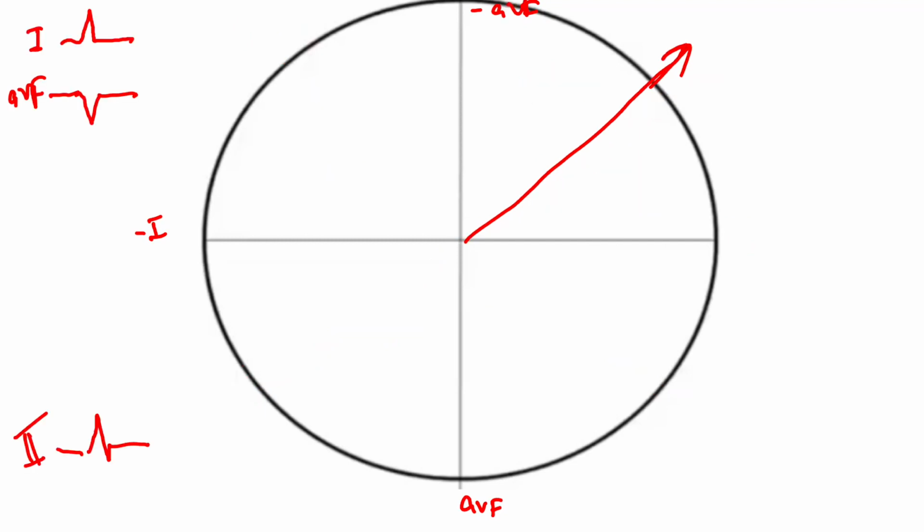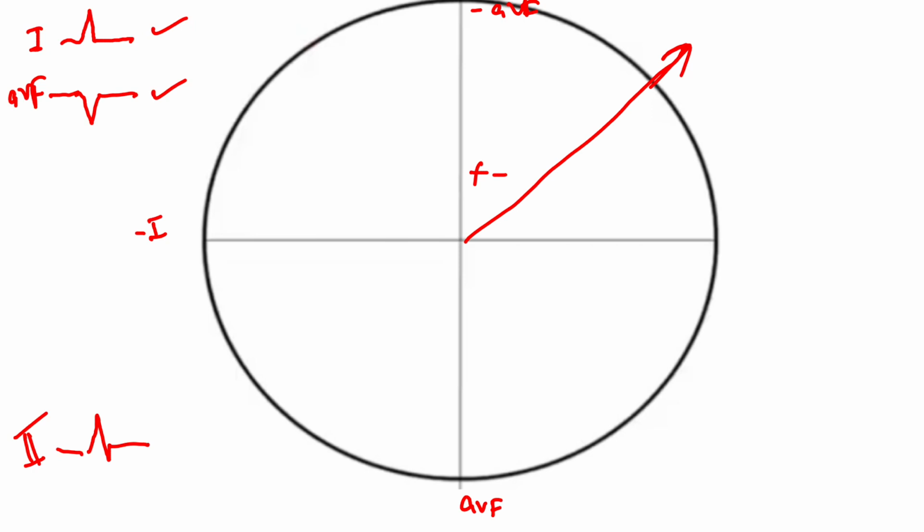Now, how do we say whether it is physiological or pathological? Since we know that lead 1 is positive and AVF is negative, now we have two options, whether to say it is pathological or physiological.